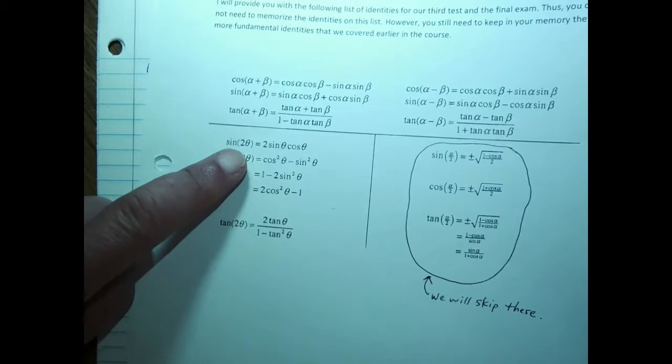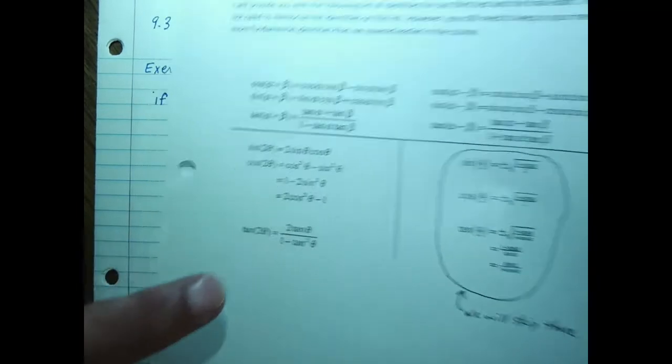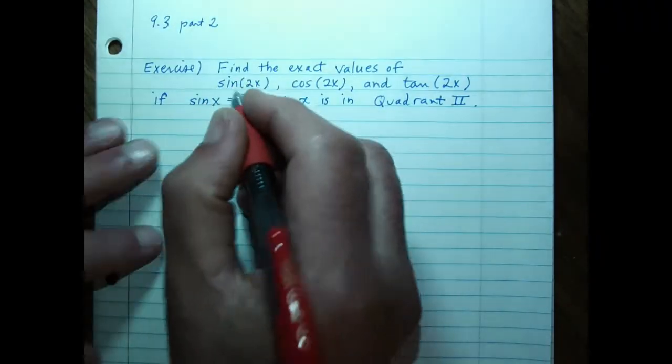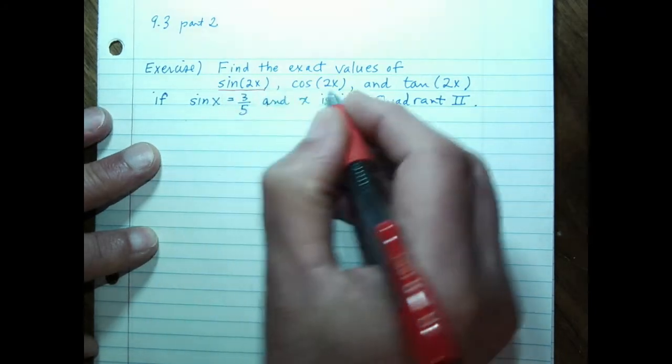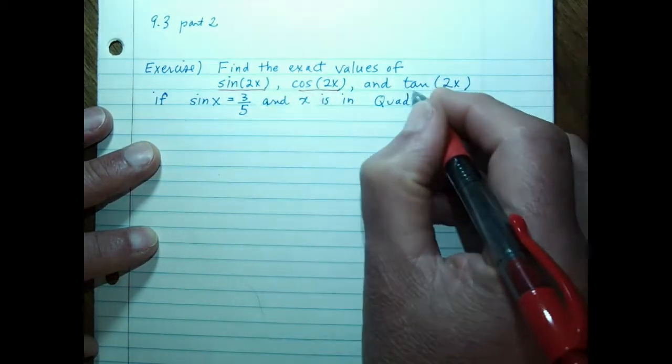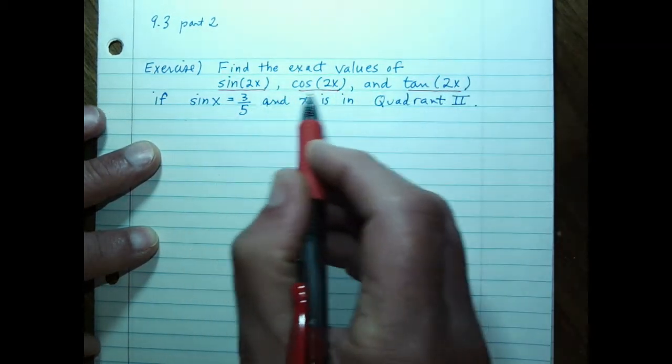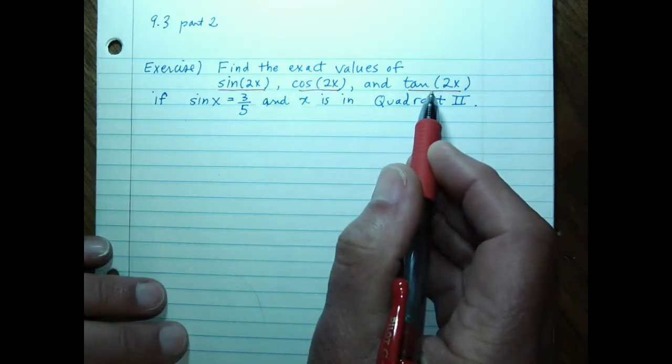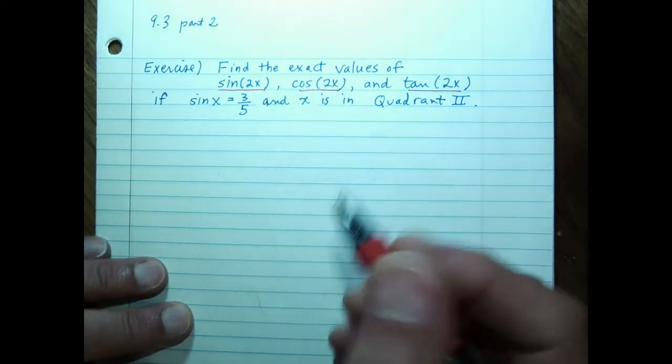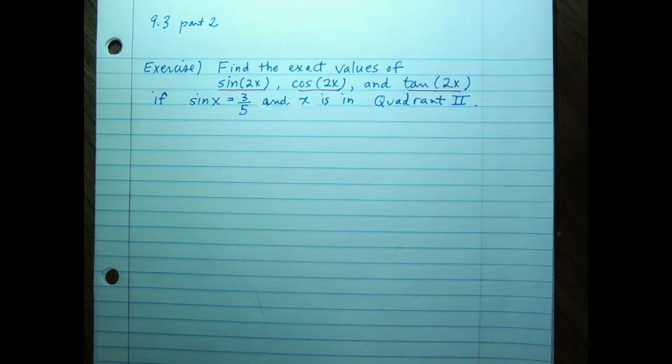Where's the 2 theta? Well, of course, we don't have to use theta as our variable in each case. Here, the x is just like a theta. So the fact that we want to find sine 2x, cosine 2x, tan 2x is kind of a signal here that we're going to use our double angle identity to help us out.